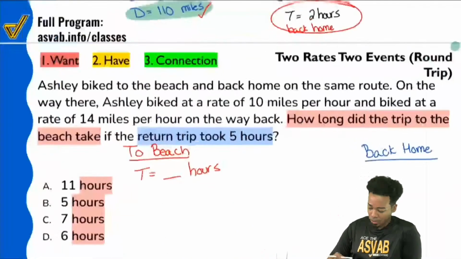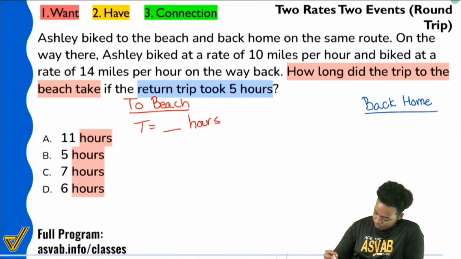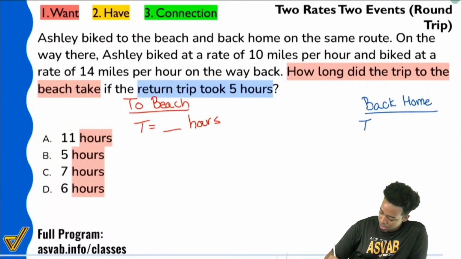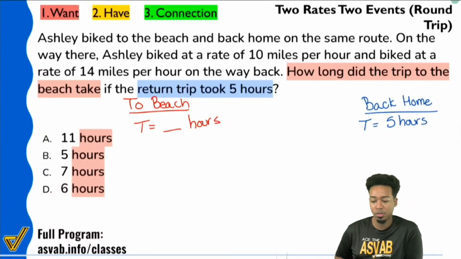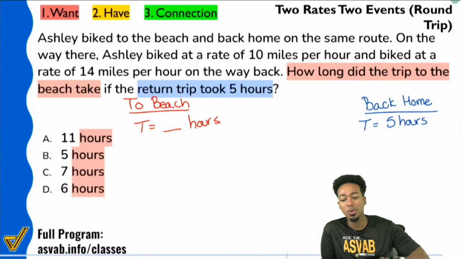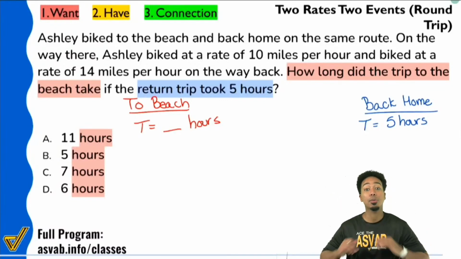And that's how we'll write that out. Right here, under back home, we'll put T equals 5 hours. Everybody agree or disagree? Are we good? Cool. Again, we're just trying to agree with these little points all the way up to the big solution.